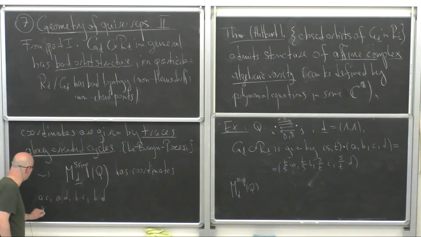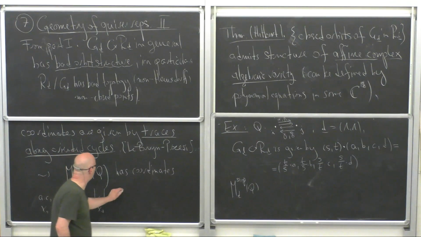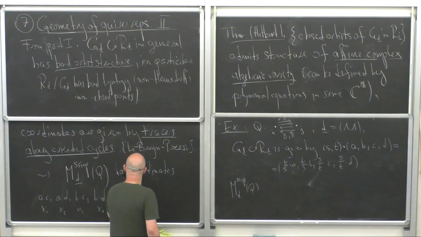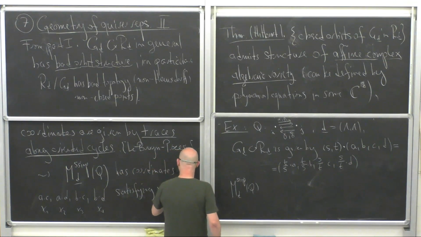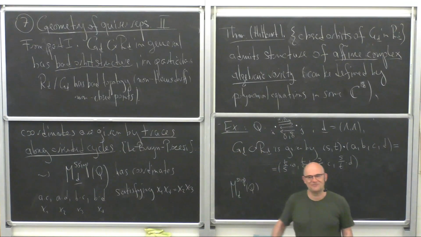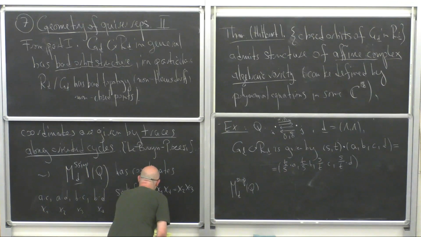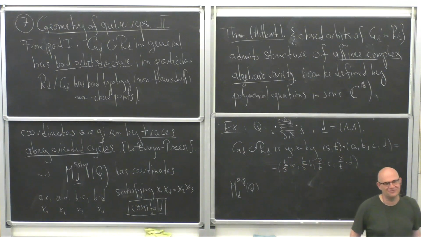And if we call these coordinates x1, x2, x3, x4, then we see one polynomial equation satisfied by them: x1 x4 equals x2 x3. So this is the conifold singularity. Aha. So our moduli space is the conifold.